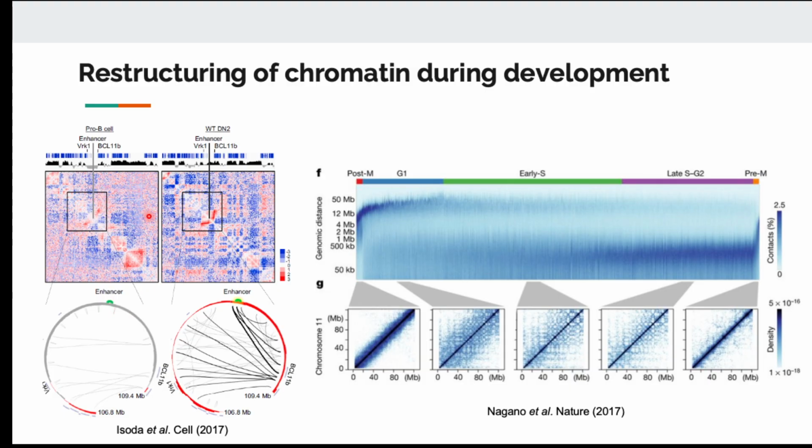And we can identify these changes if we use molecular assays that target the 3D structure of the DNA. We will see a lot of visualizations like this in today's class. And during cell division, we can see that the chromosome condenses, and then after the cell division, the structure is less dense and returns to the normal state.